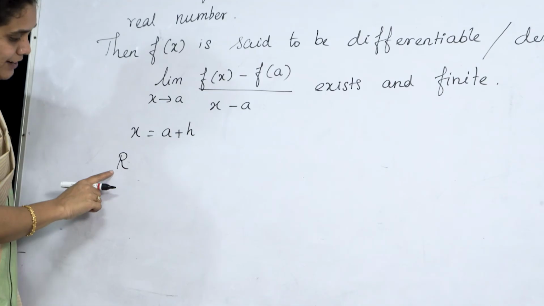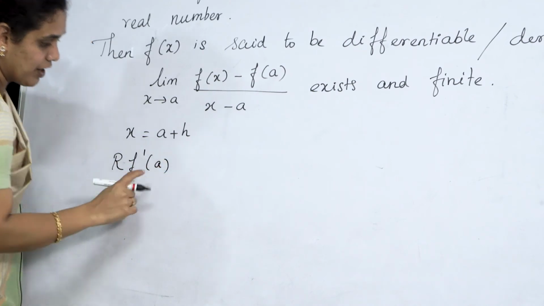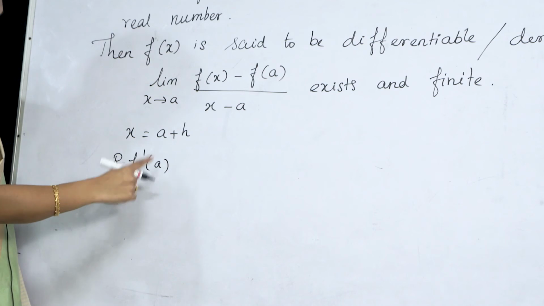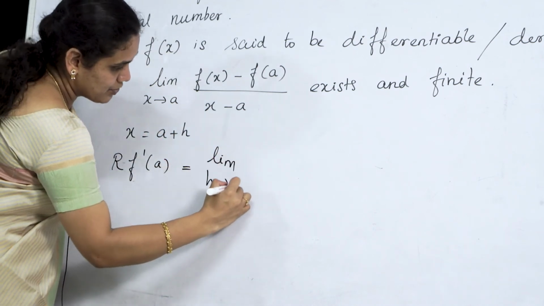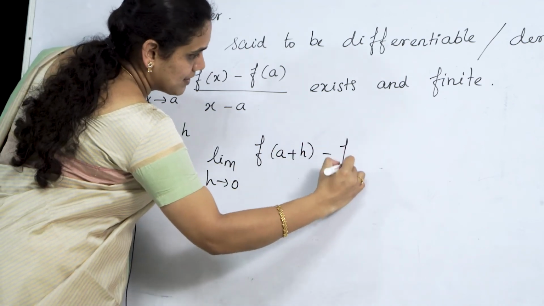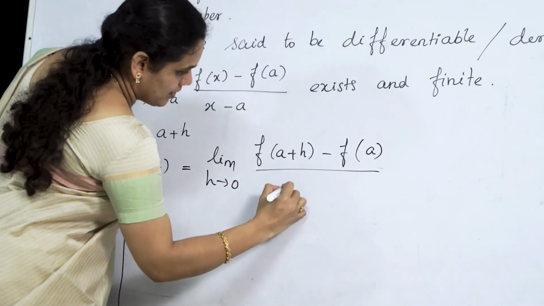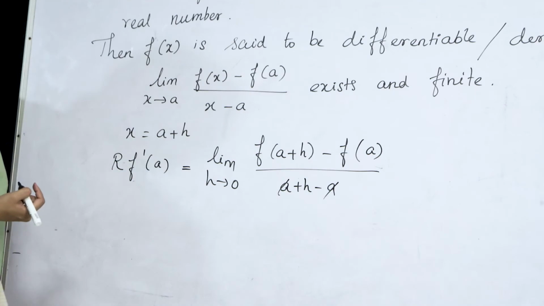That is, right limit we put like this, Rf'(a), because we are finding at the point x equal to a, right? So you can replace x with a, that is equal to limit h tends to 0, (f(a plus h) minus f(a)) by (a plus h minus a). So this a gets cancelled, you will get h only, right?